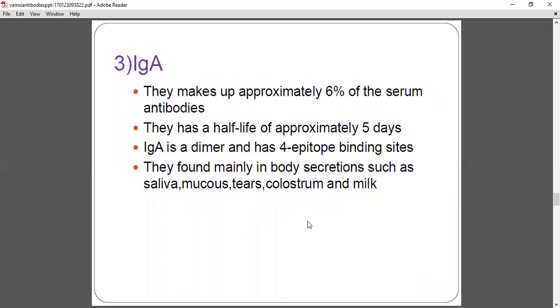Right? It is a dimer, has 4 epitope binding sites, but it's found in all secretions and it is very crucial to the defense of the mucosa. And in some people that will present to your clinic when you're practicing, they will give you a history of recurrent diarrhea, vomiting, coughs and colds, pneumonias.